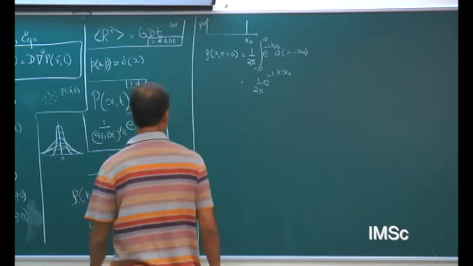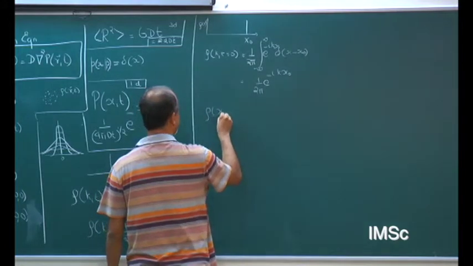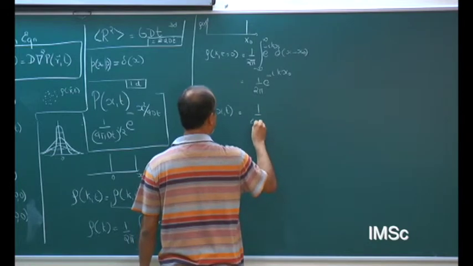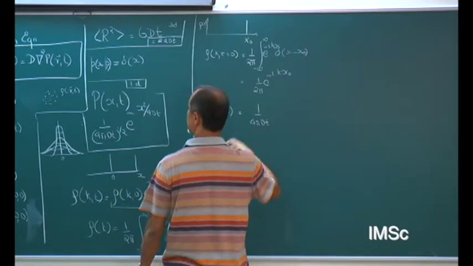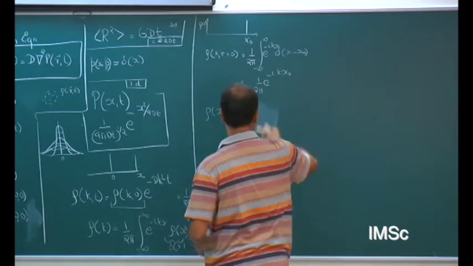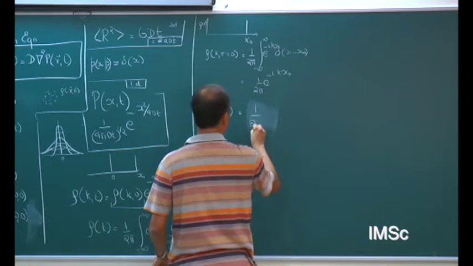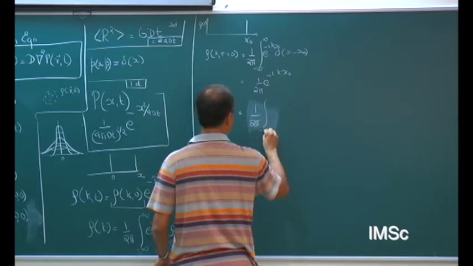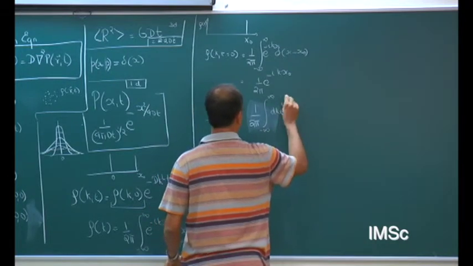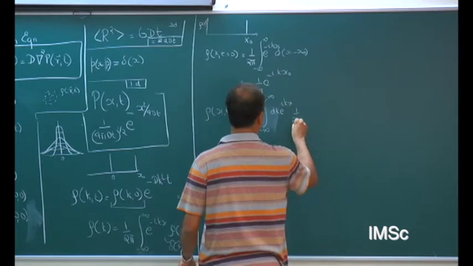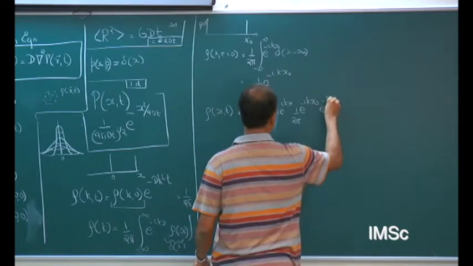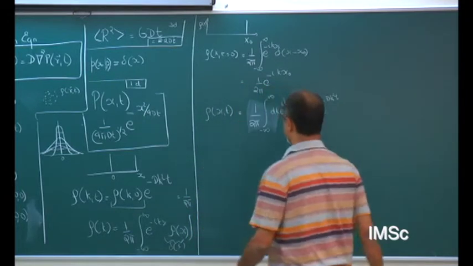And then when I have to Fourier transform back to get rho of x comma t, this becomes 1 over 2 pi integral minus infinity to infinity dk e to the power i k x times 1 over 2 pi e to the power minus i k x0 times e to the power minus d k squared times t.